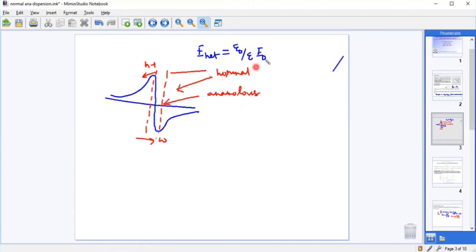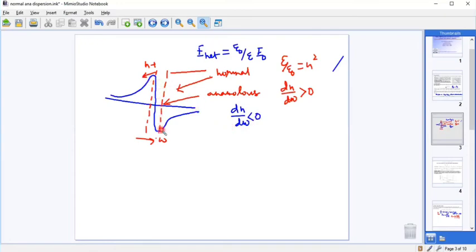So since epsilon over epsilon naught equals n square, a similar statement can be made about the refractive index. In case of normal dispersion, dn d omega is greater than 0, and in case of anomalous dispersion, dn d omega is less than 0.